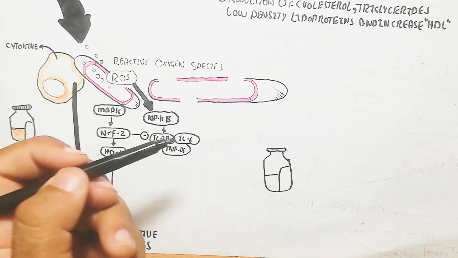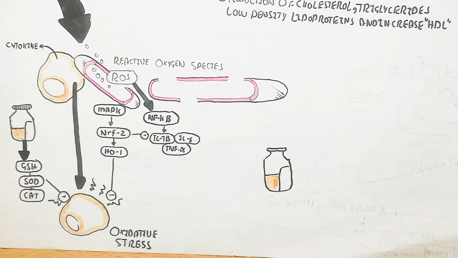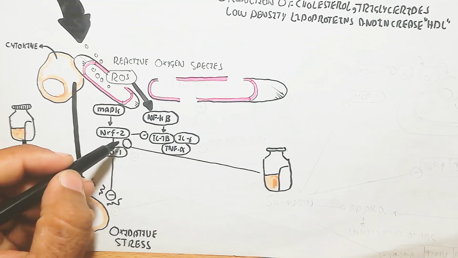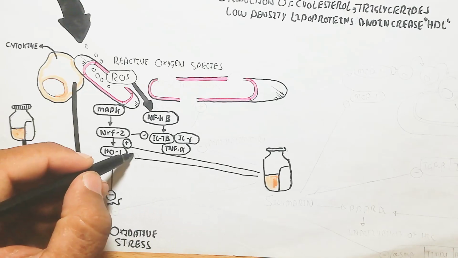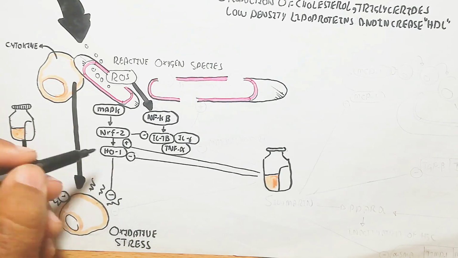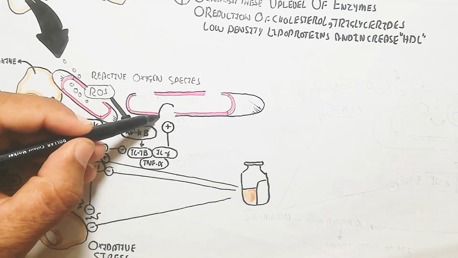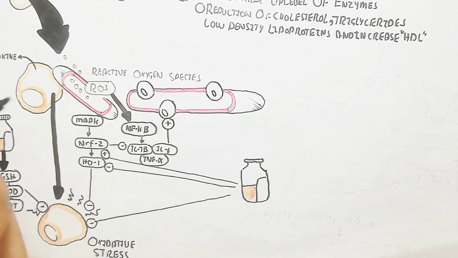These are triggered through nuclear factor kappa B, and this is inhibited by silymarin. So silymarin is an anti-inflammatory compound that inhibits inflammation collectively.